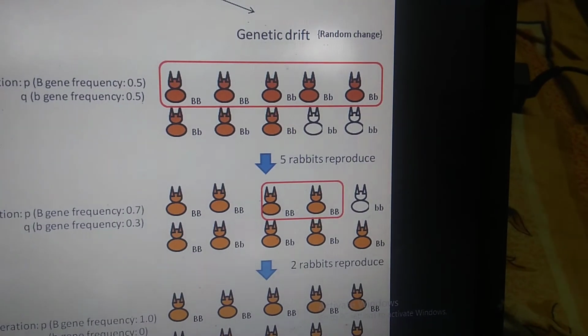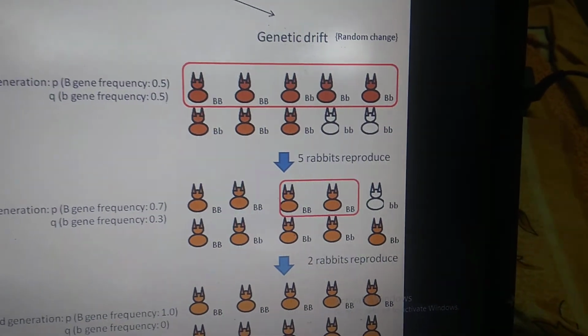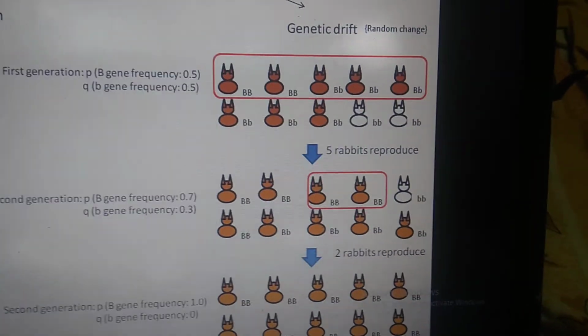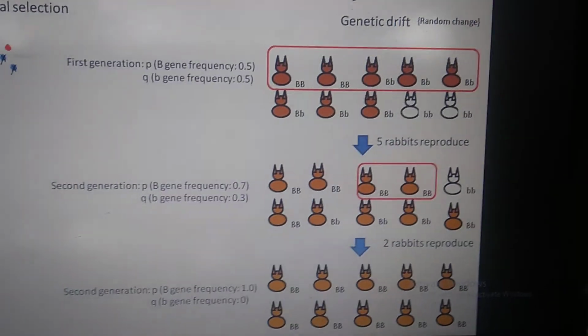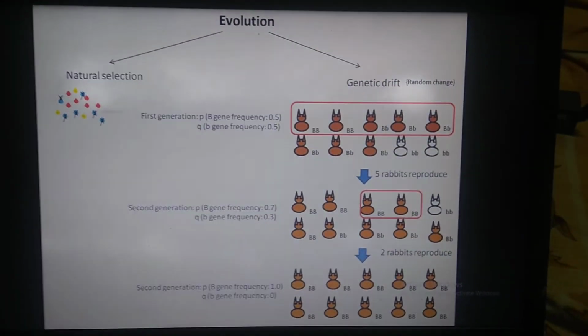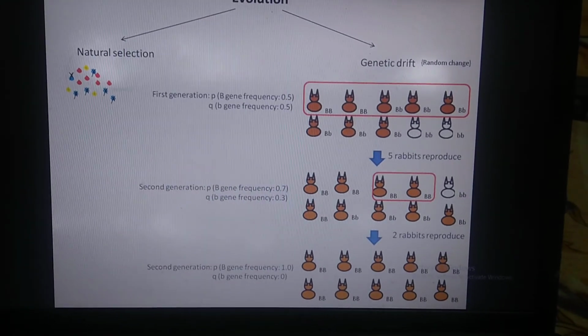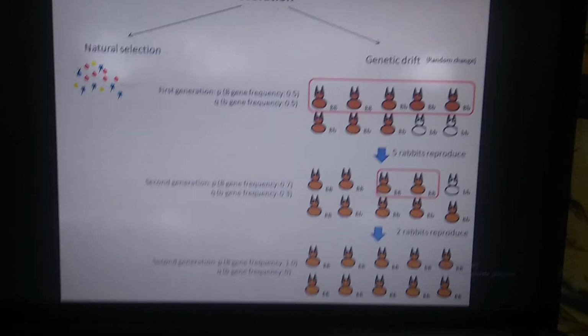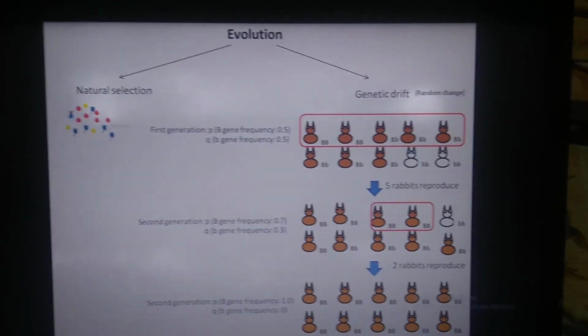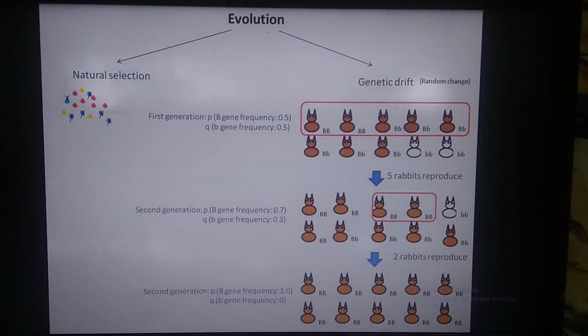But genetic drift is a rapid change, a random change, and natural selection does not control it. So these two things, natural selection and genetic drift, are very important to understand evolution.